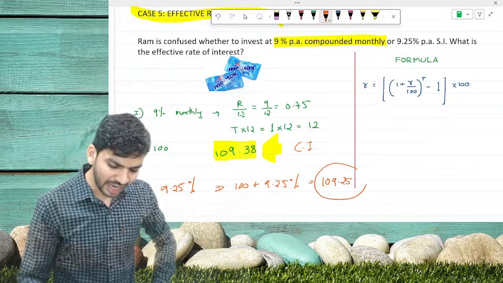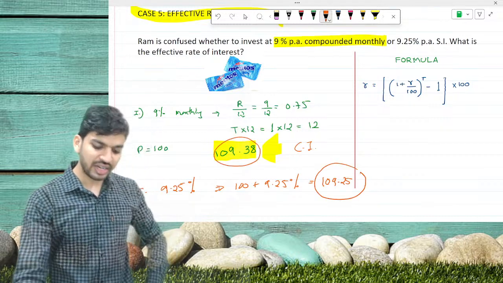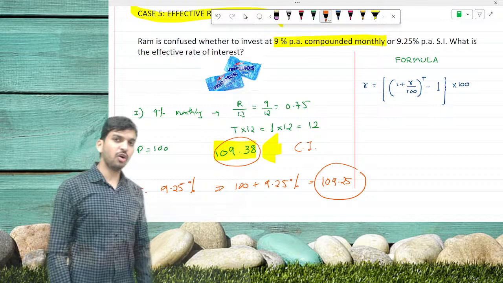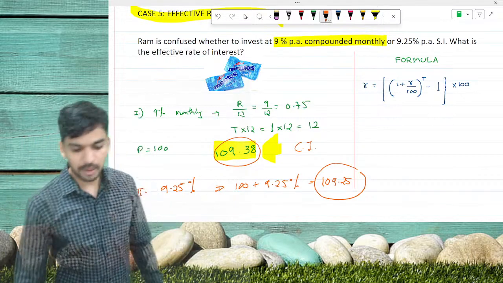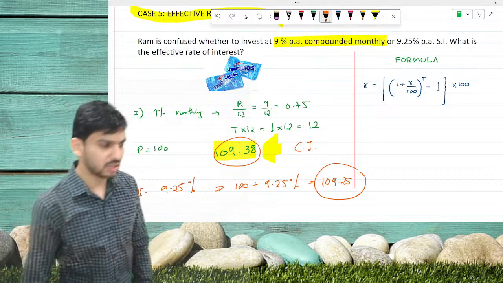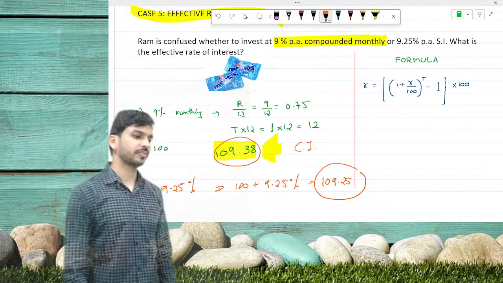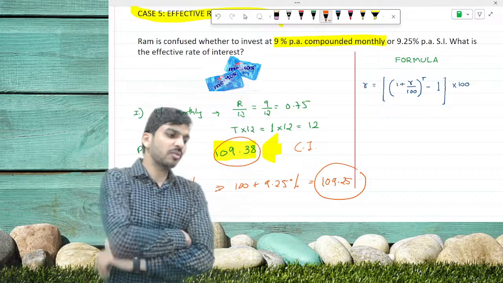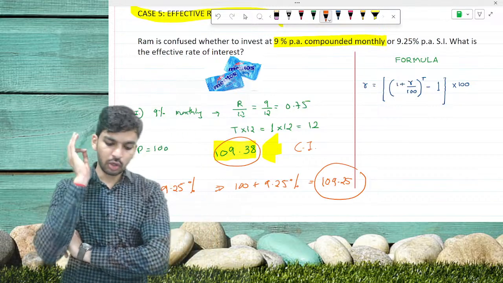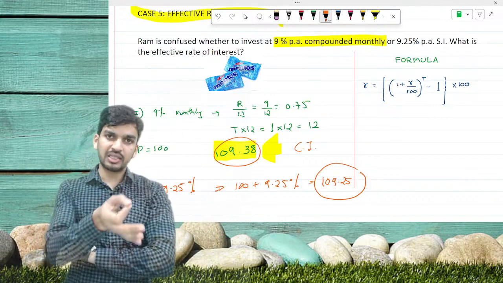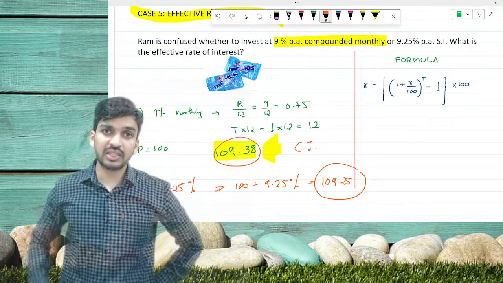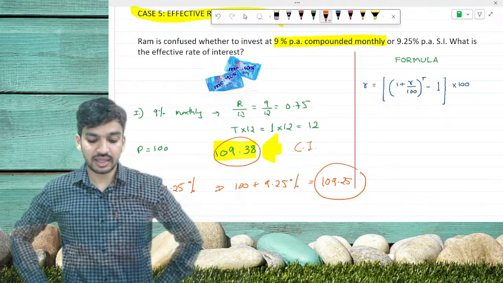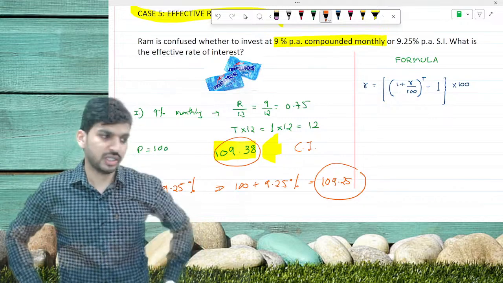Now can Ram decide where he should go? Should he go for compound interest monthly, or should he go for 9.25% simple interest? What is your answer? Definitely from here we can say he should go for compound interest, as he is getting 109.38 rupees, but in this case he gets just 109.25.